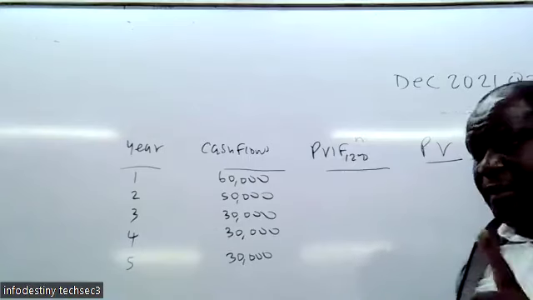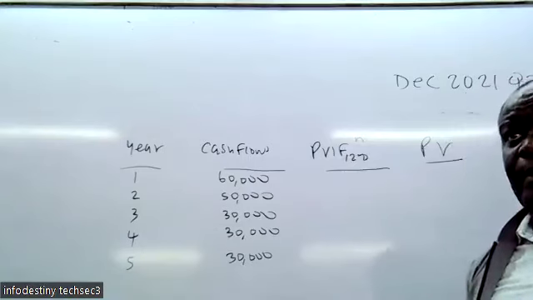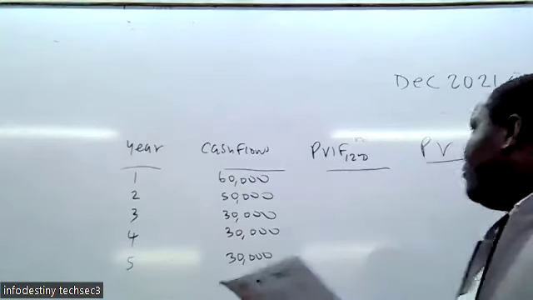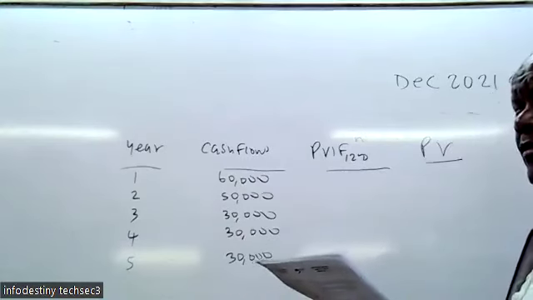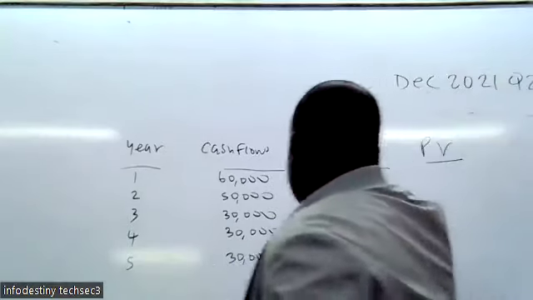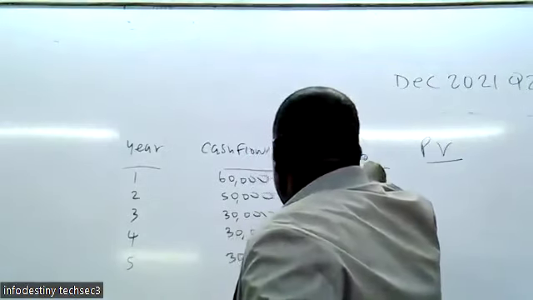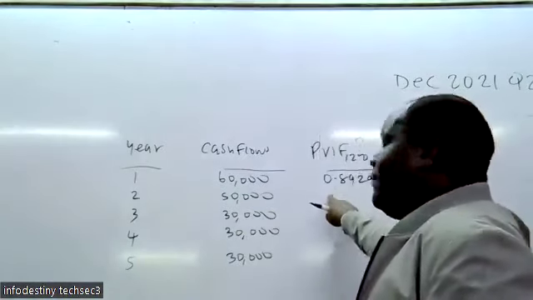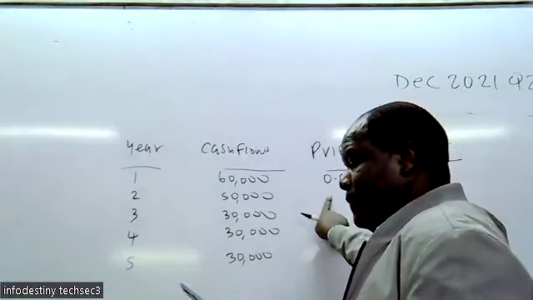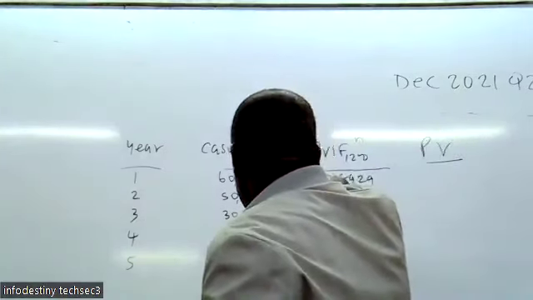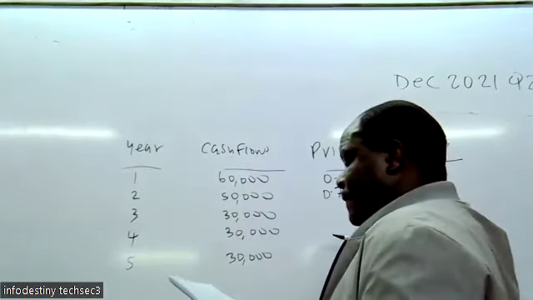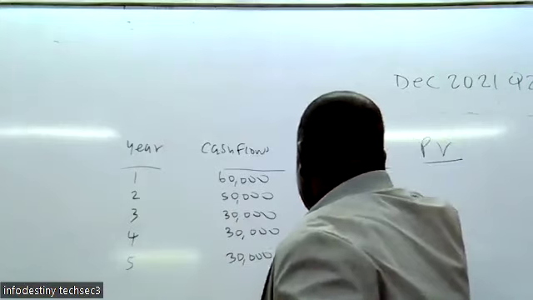So if you check in the table which is not the annuity, 12% in year 1, they have given you which figure? 0.8929. And confirm also for year 2, 0.7972.